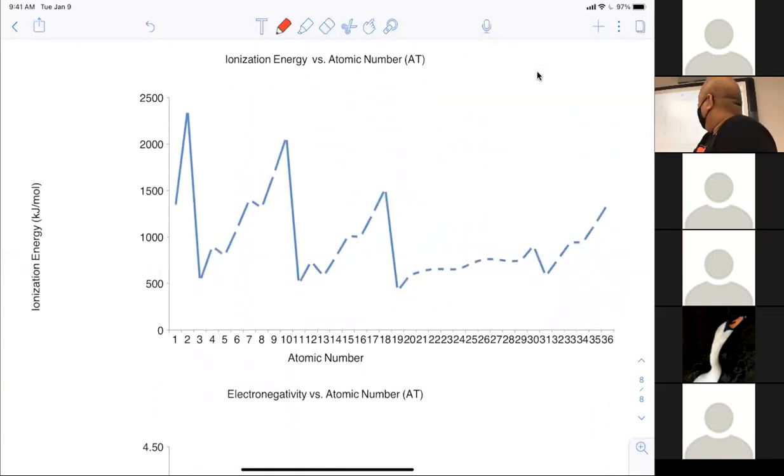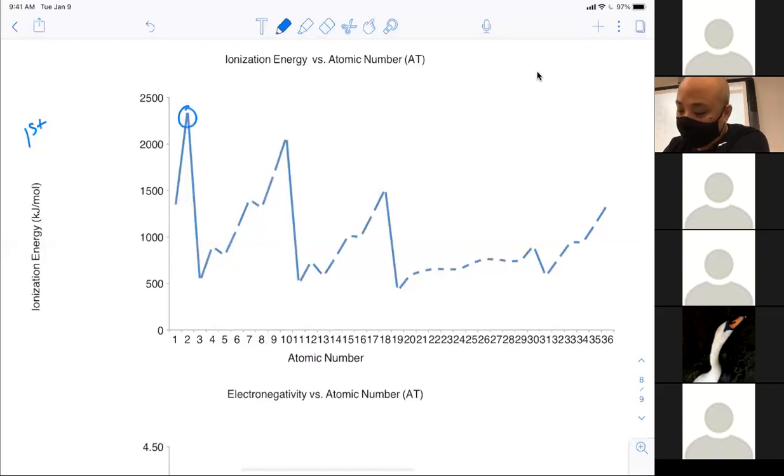Now, ionization energy is an interesting one because you'll notice that, and this is first ionization energy, I should say, okay? When you think about the periodic table, the first ionization energy of every element, which element should have the highest first ionization energy? The noble gases, the ones that end the full octet.